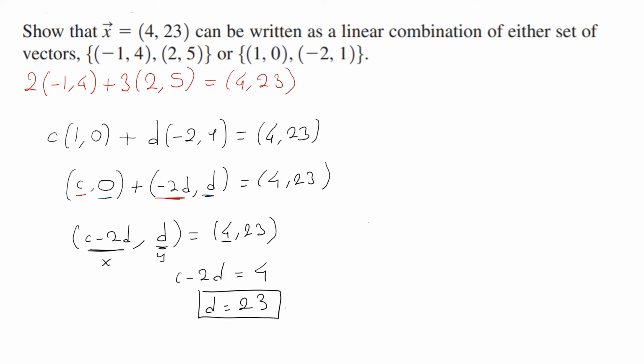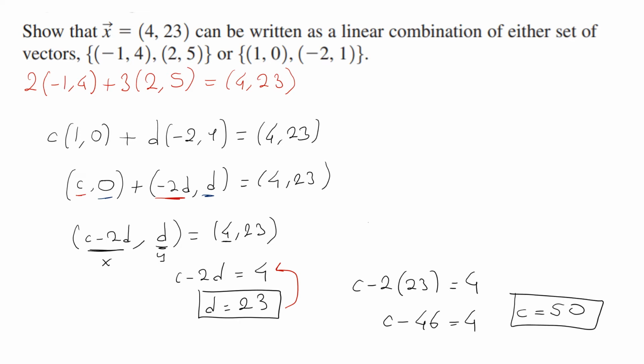I can directly plug this into my first equation to find the value of C. So I have C minus 2 times 23, the D value, which will equal 4. This is C minus 46 equaling 4. Send that 46 as a positive to the other side. I have C value equaling 50.